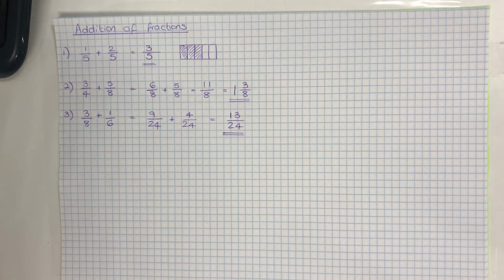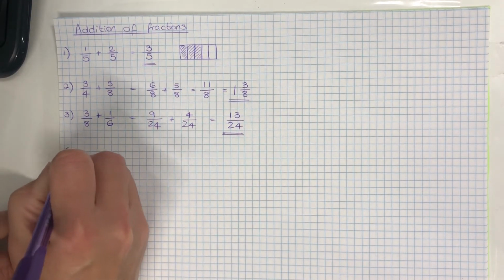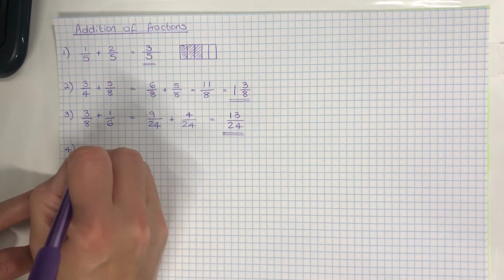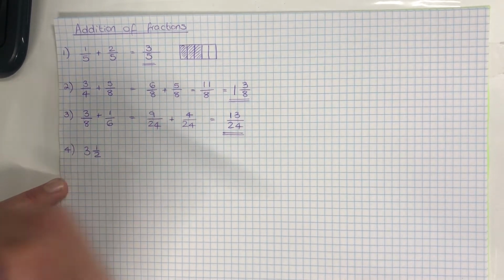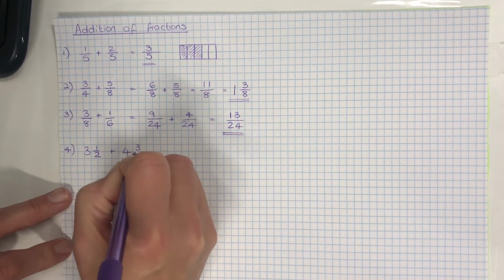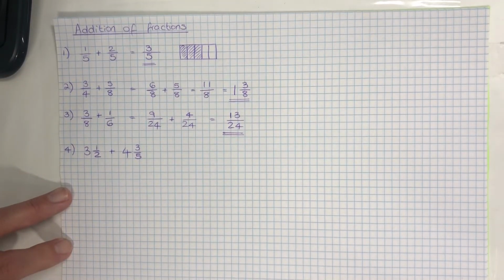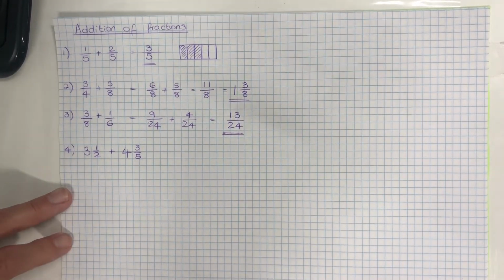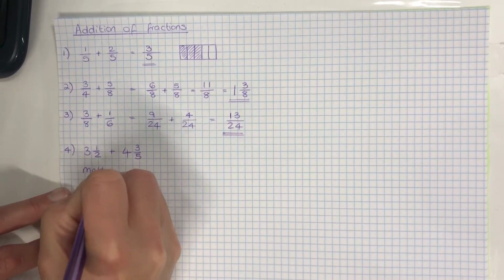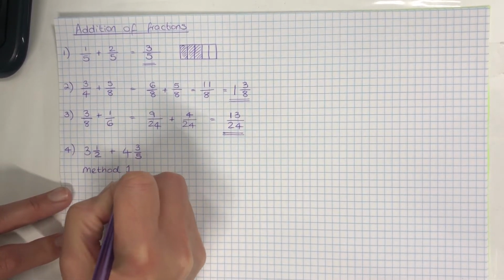Okay, now one more thing. If we're looking at mixed numbers, so for example, I have 3 and 1/2, and I'm adding 4 and 3/5. There are 2 methods, okay? The first one, now this only applies to addition.